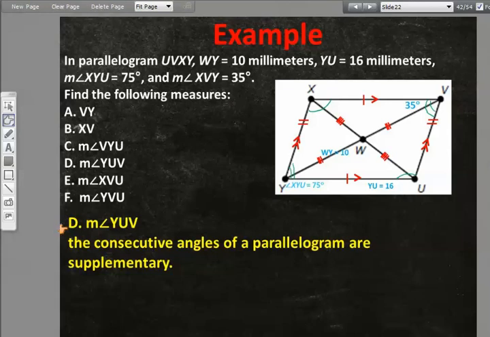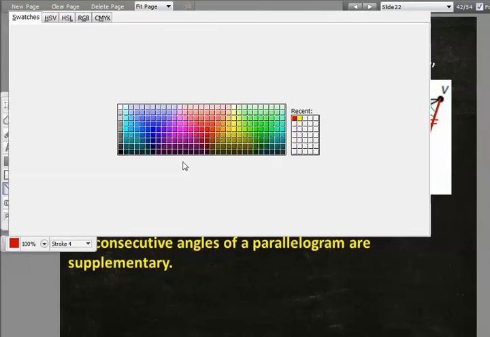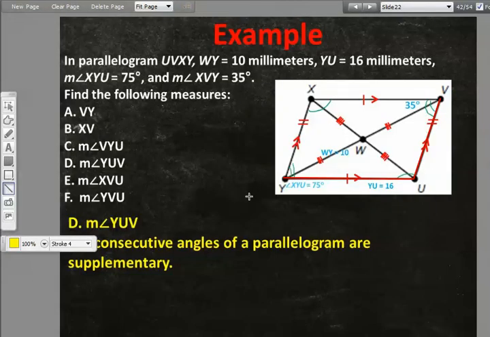Okay, the measure of YUV, I gotta mark that up so I can see where it's at. Now remember that consecutive angles of a parallelogram are supplementary, so that means this angle right here that I'm highlighting in yellow is going to be its supplementary angle, and we know it is 75 degrees.